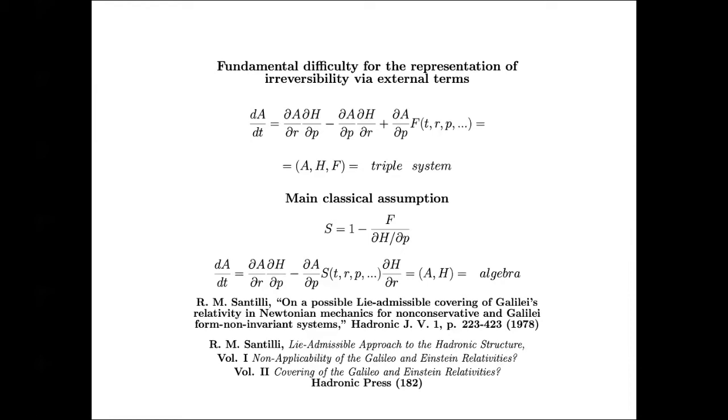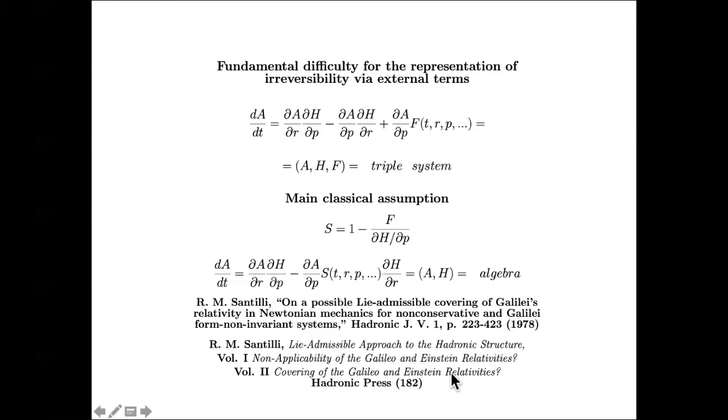And then I wrote two volumes entitled Lie Admissible Approach to the Hadronic Structure, which were published a few years later, to illustrate how a basic idea, when truly fundamental, may have a truly incredible number of subsequent developments.